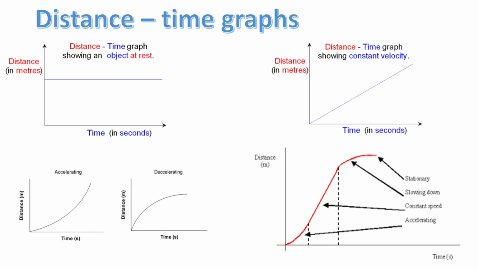Between the first dotted line and the second dotted line, the graph is almost a straight line and it shows constant speed or constant velocity. It's in uniform motion. Now you can see it is curved downward. It is showing slowing down, or decelerating. Then at the top, it's almost parallel to the x-axis, and it shows that the object is stationary, or at rest.